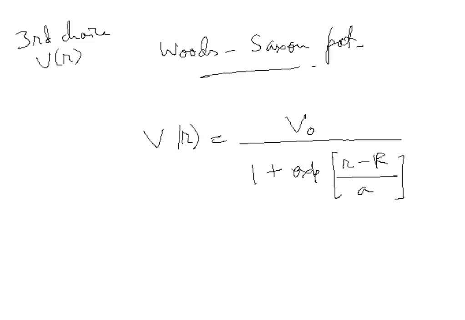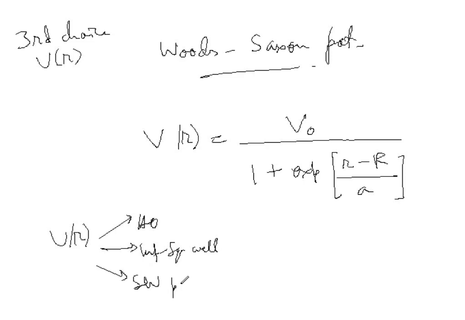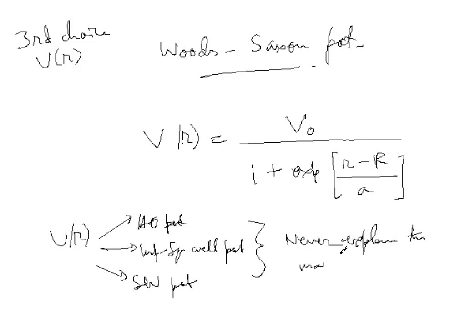But again, even after doing all this, the moral of the story is, no matter what you choose, whether it is the harmonic oscillator, the infinite square well, or the Woods-Saxon potential, we can never explain the magic numbers, or rather the closed shells.